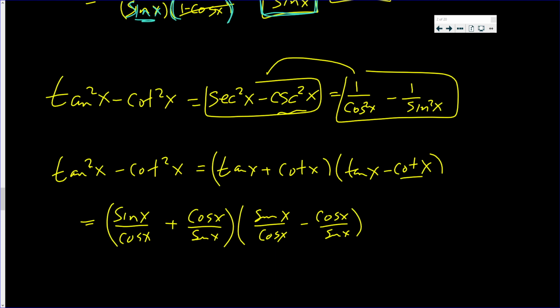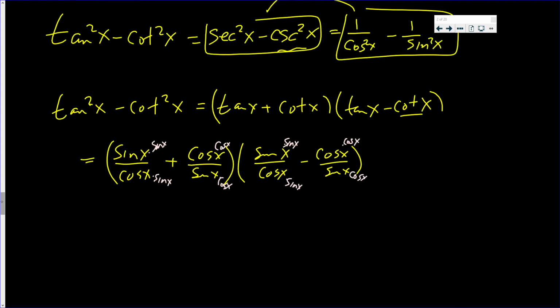Okay, I would get common denominators, which will be sine x cosine x. We multiply the top by sine x, and over here, cosine x. Same thing here: top and bottom by sine x, top and bottom by cosine x. And let's see what this gives us.